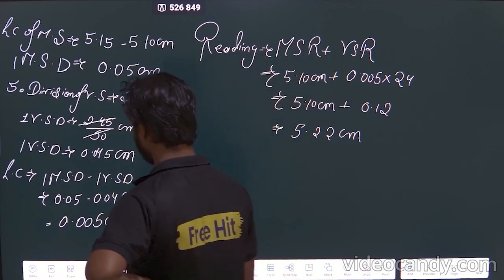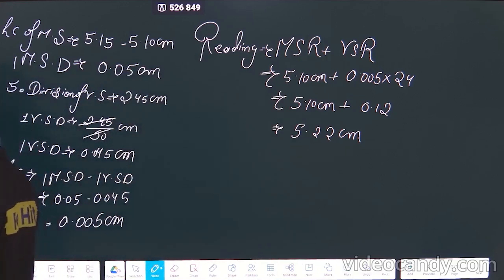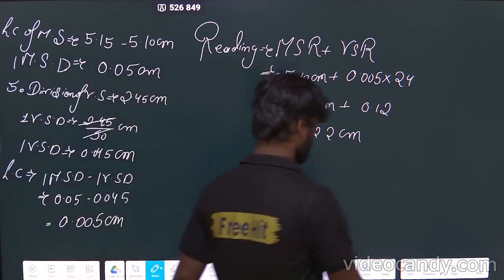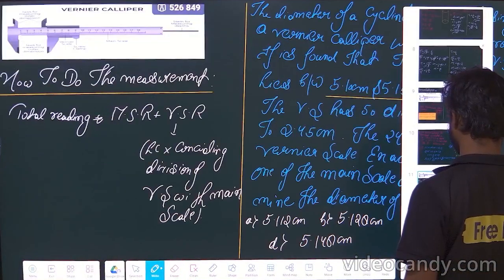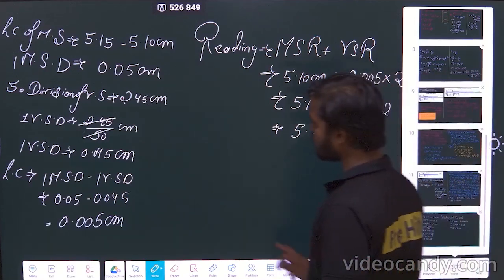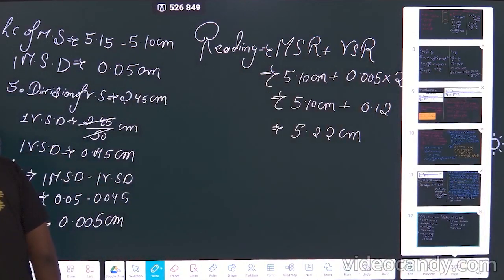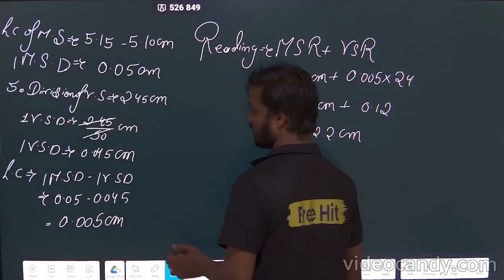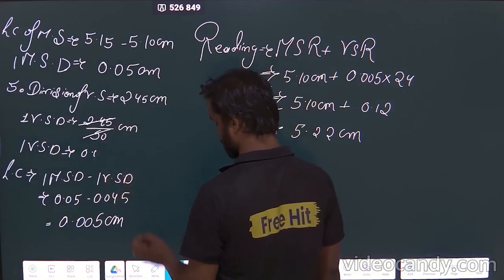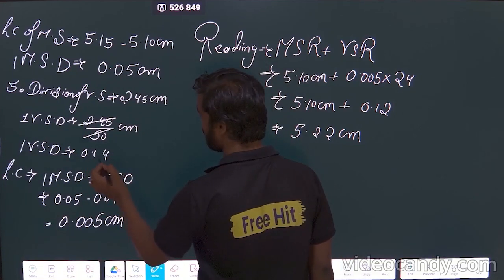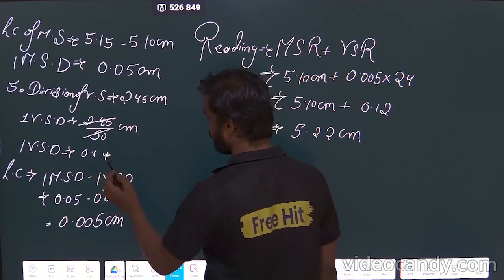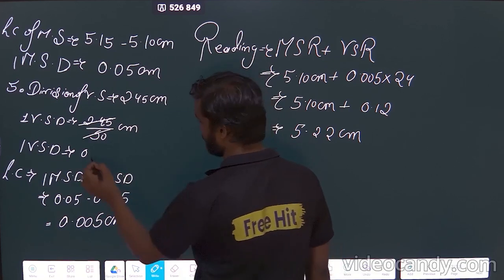0.05 minus 0.045. Oh sorry, this is the mistake. This is 9, you should tell me. You are not telling me. Sir, you are writing on the blackboard, how can we tell you? Okay.